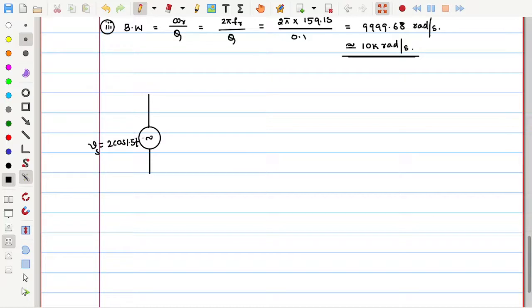Vs voltage is 2 cos 1.5 t, and we have one inductor of 0.4 Henry, and one resistor like this, and one capacitor. See that this is not straight away series, or even straight away parallel.